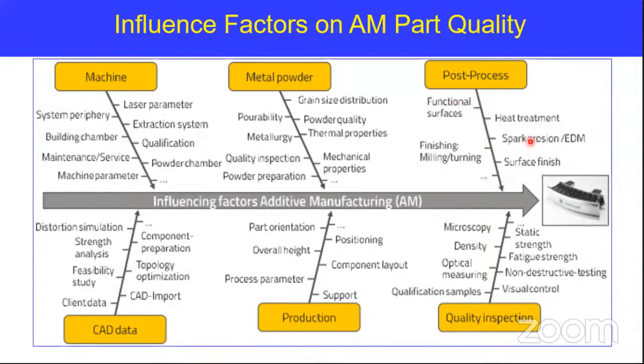You might have seen in all the processes, we need to take the printed part off the build plate. So how do we do that without damaging the already printed part? And once that is done, we need to do a quality inspection, to understand what accuracy we are getting, whether there are any defects, and what the strength is.